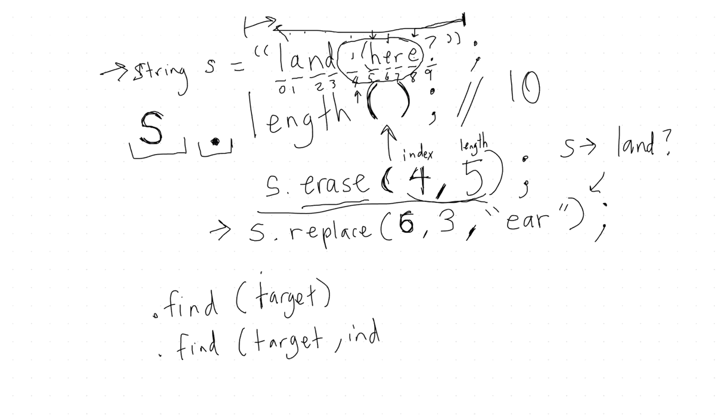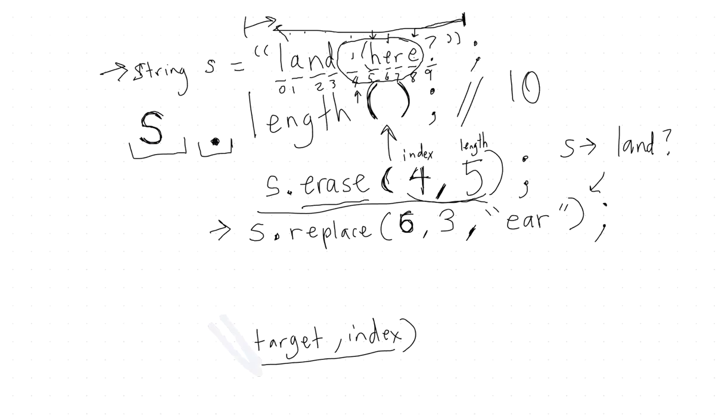So this is an example of an overloaded method because they both have the same name, but these are actually different methods because they take in a different number or different versions of the parameters, but they perform similar functions. So a lot of these string methods will be overloaded. You could always look at the C++ documentation to see what versions there are of them. I'm just doing the most commonly used ones, I think.